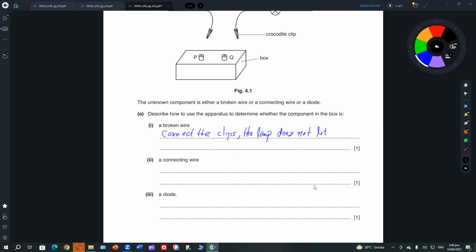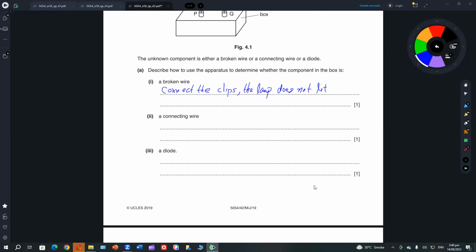The lamp does not light up. A connecting wire, the current would come throughout the circuit.